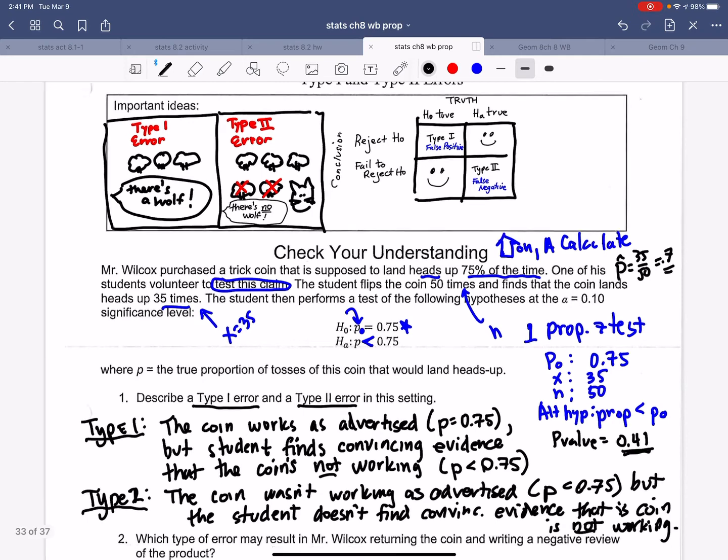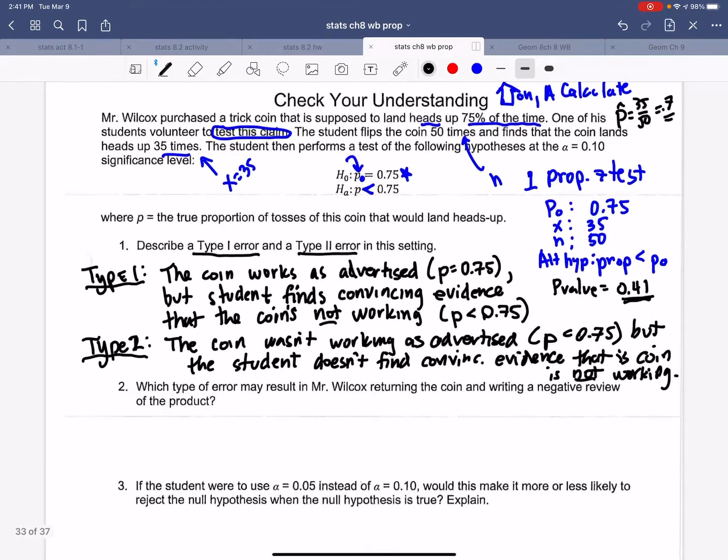Okay, so now let's take a look. Which type of error may result in Mr. Wilcox returning the coin and writing a negative review? You're going to return the coin if the student finds convincing evidence that the coin's not working. You have evidence that it's not working, so you're going to return it. Oops, but that was the mistake.